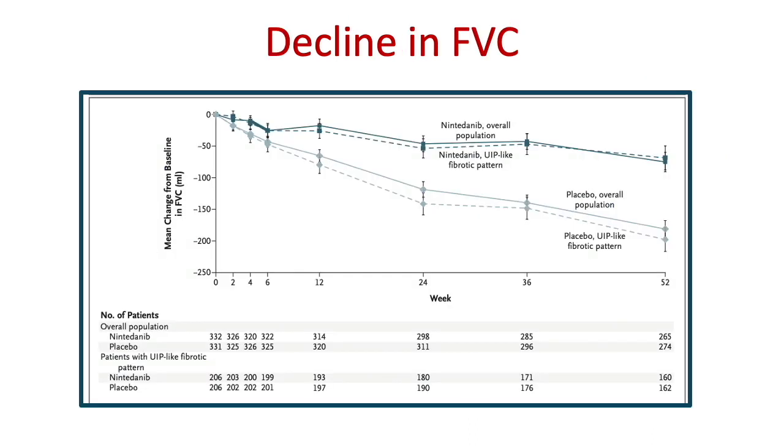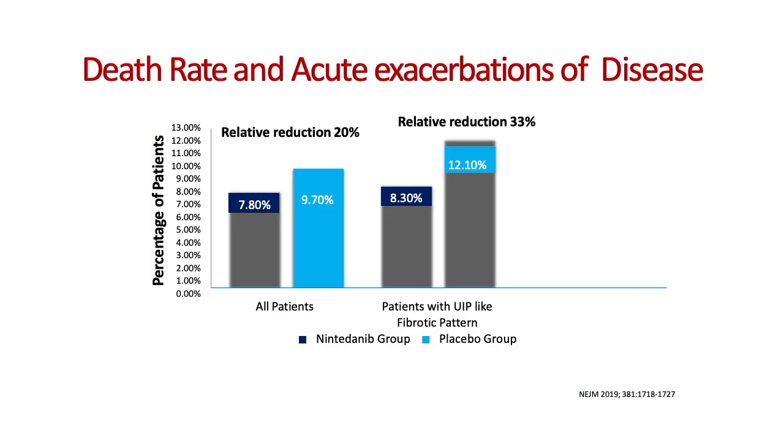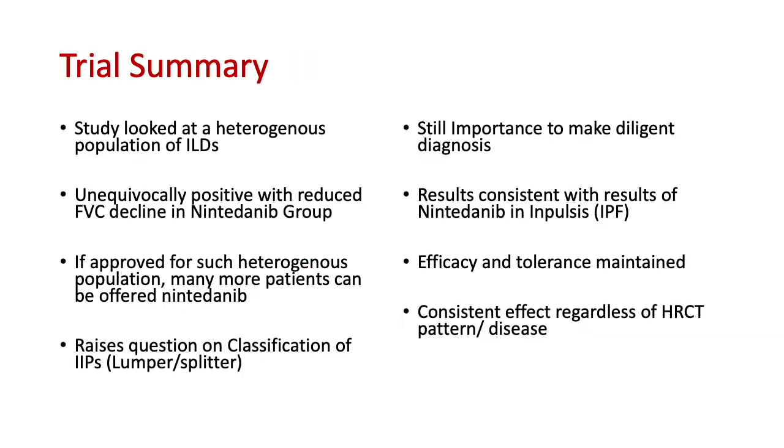So this was a very remarkable feature, and based on this and also based on reduction in time to acute exacerbation, they recommended that nintedanib causes lesser death, lesser acute exacerbations, and lesser decline in FVC, with quite comparable side effects to placebo, mostly being diarrhea. So they said that since diarrhea was a common major adverse effect which was well tolerated, this drug could be used safely in non-IPF fibrotic ILDs.